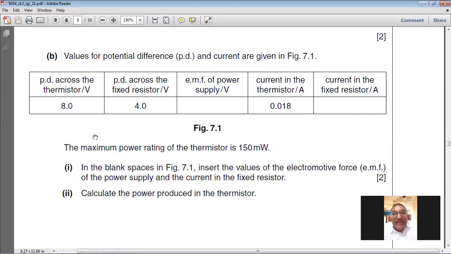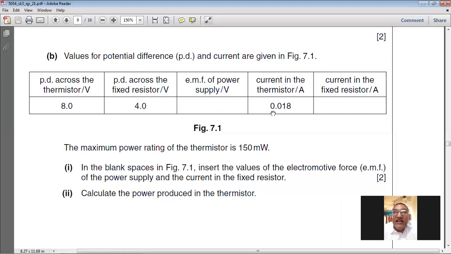So the potential drop across the thermistor is 8 and potential drop across the fixed resistor is 4. So it means that the voltage of the battery will be equal to V1 plus V2. 8 plus 4, 12 volt. It means the power supply has provided 12 volt. So here you will write 12 volt.